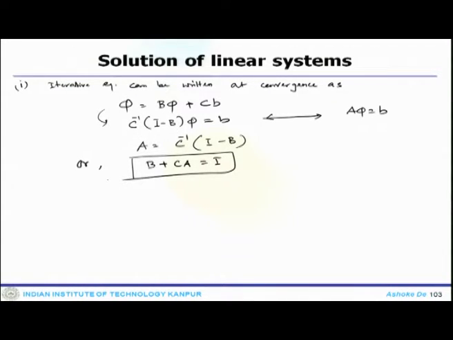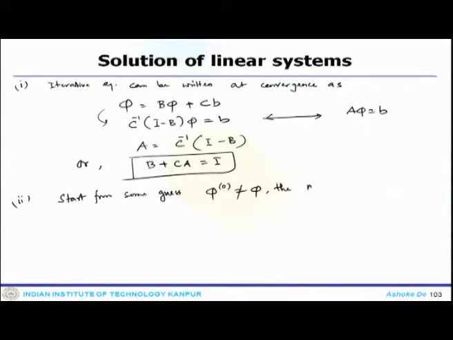This relation between the various matrices ensures that once the exact solution is reached, all consecutive iterations will not modify it. Now, the second point is that you start from some guess, let us say phi^0, which is not equal to phi.